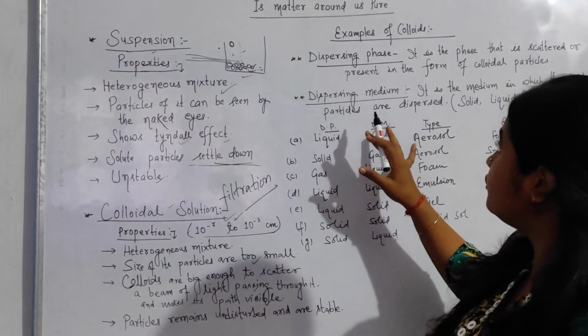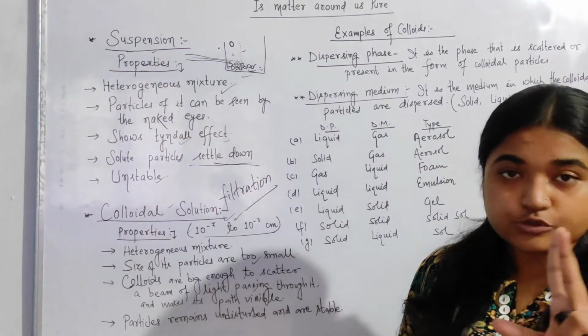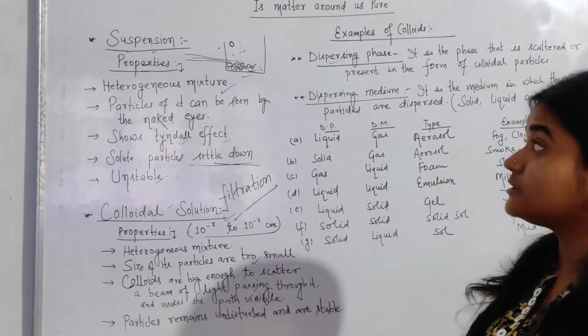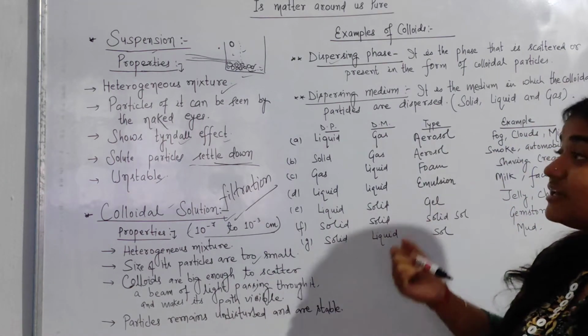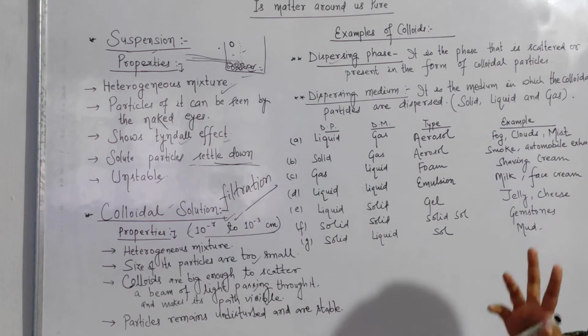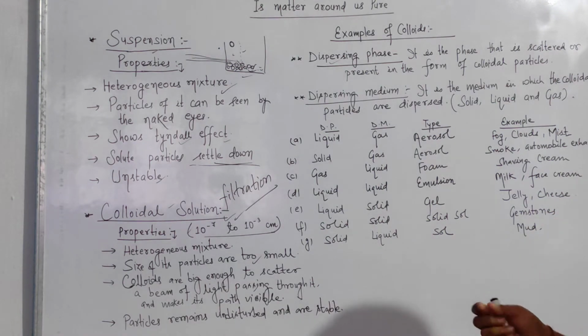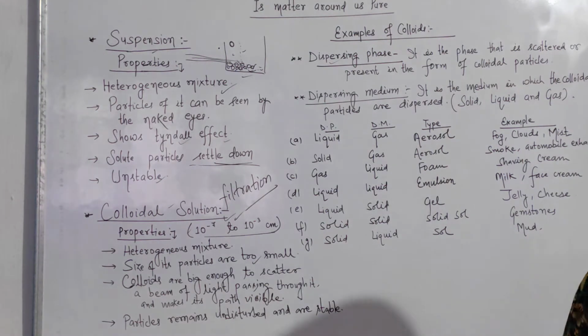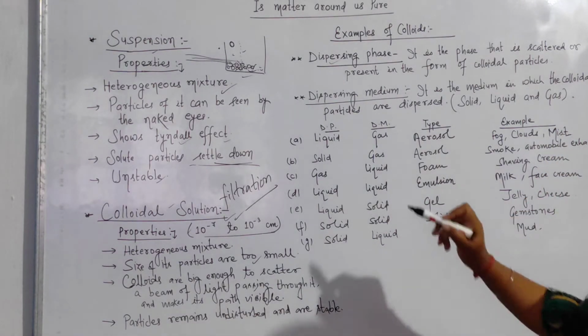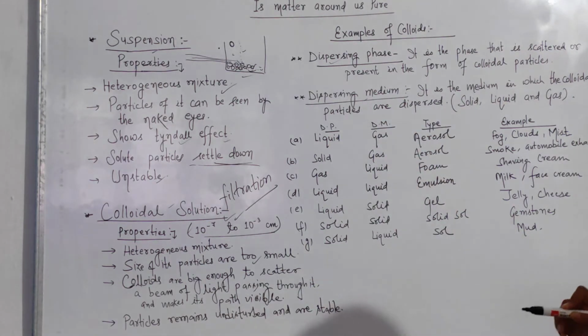Before continuing with the examples, let us discuss two terms. That is the dispersed phase. Dispersed phase means the phase in which the colloidal particles are being scattered. And second is the dispersing medium.